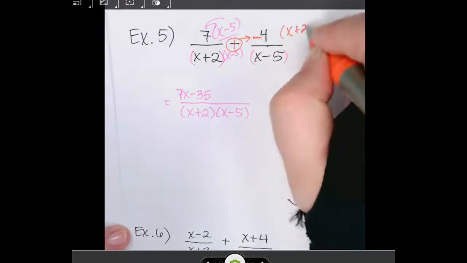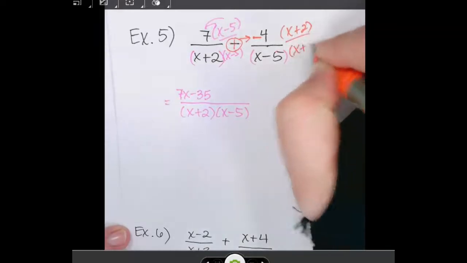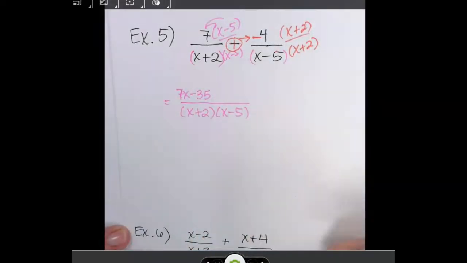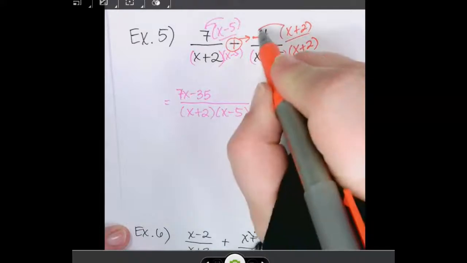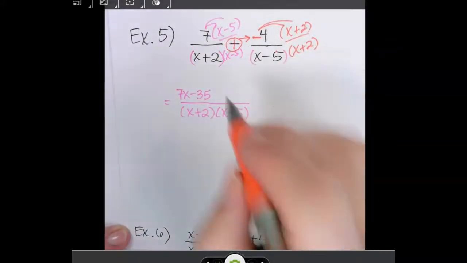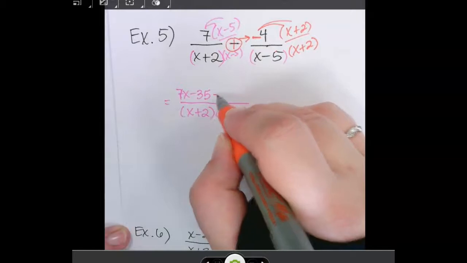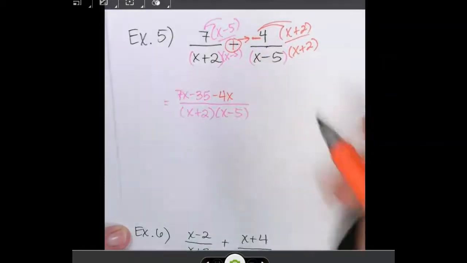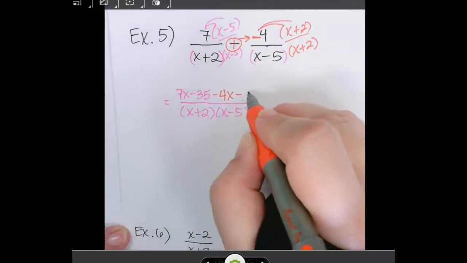So I will multiply it by the factor it needs to match the LCD. And again, I'm going to distribute, and I'm distributing the -4, right? I made that a negative to address the subtraction. So distributing, that becomes -4x minus 8.